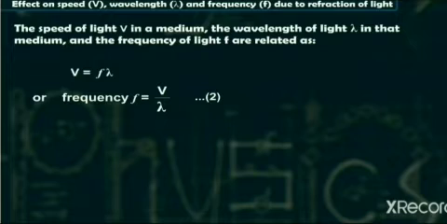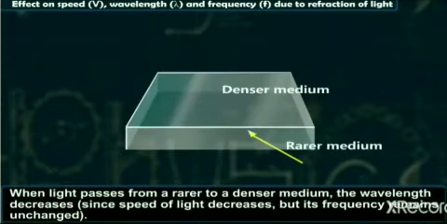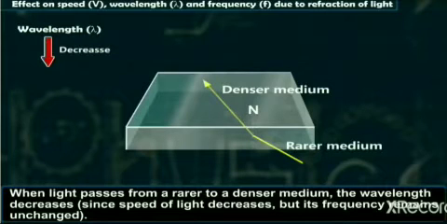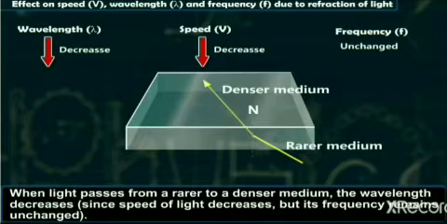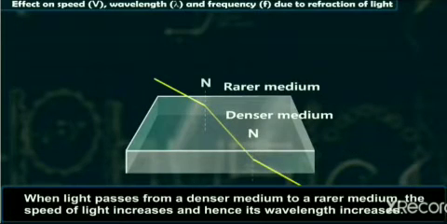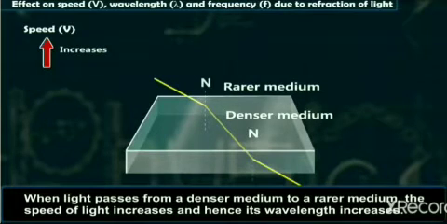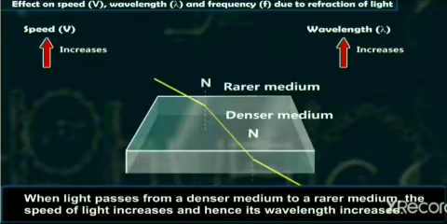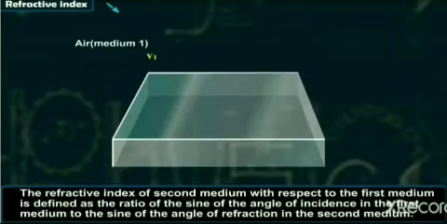Let this be equation 2. When light passes from a rarer to a denser medium, the wavelength decreases, since the speed of light decreases, but its frequency remains unchanged. When light passes from a denser medium to a rarer medium, the speed of light increases, and hence its wavelength increases.